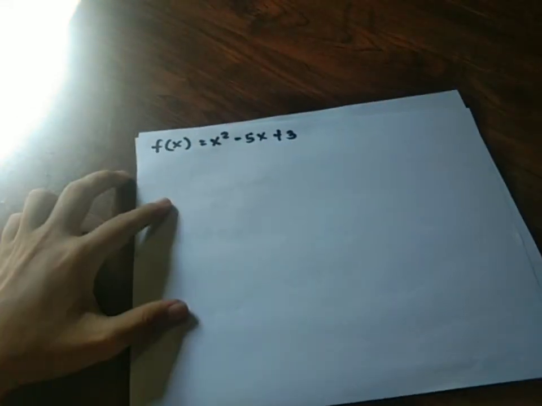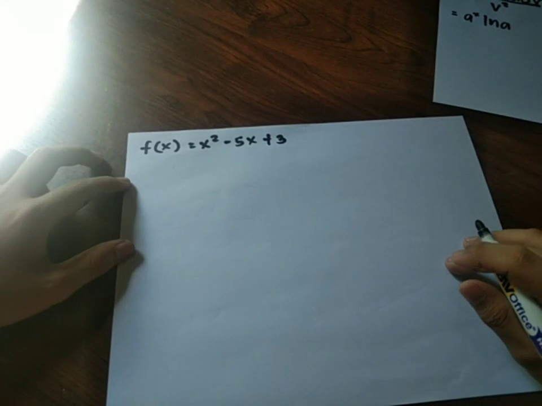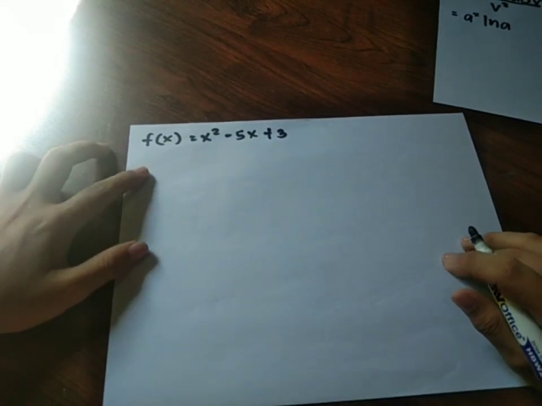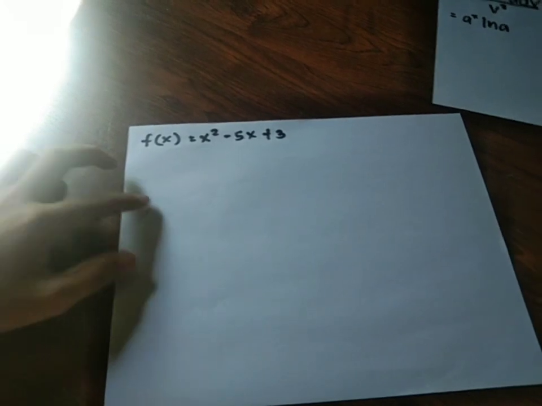Then let's move on to another example. Here, find the derivative of f of x equals x squared minus 5x plus 3.